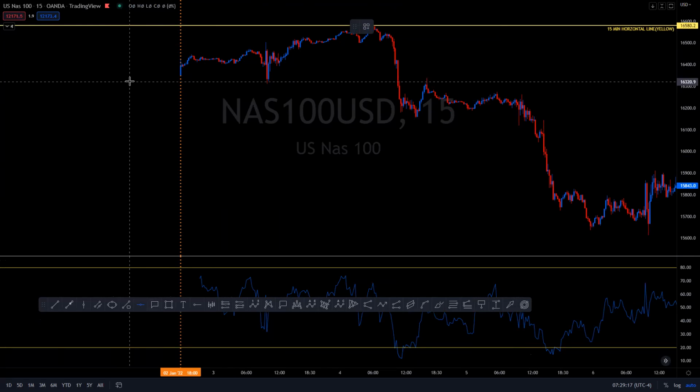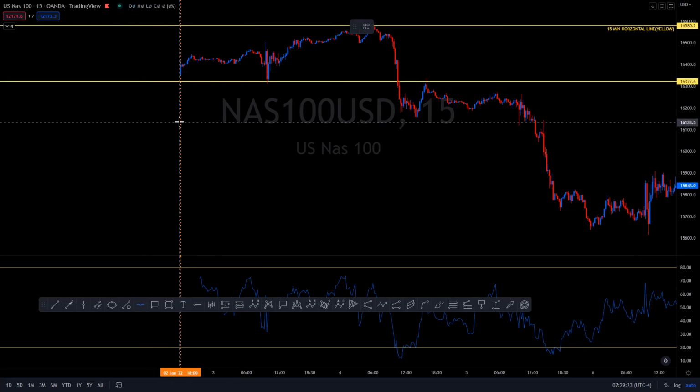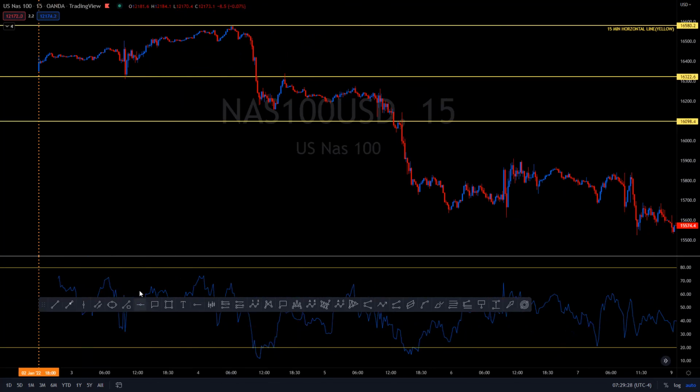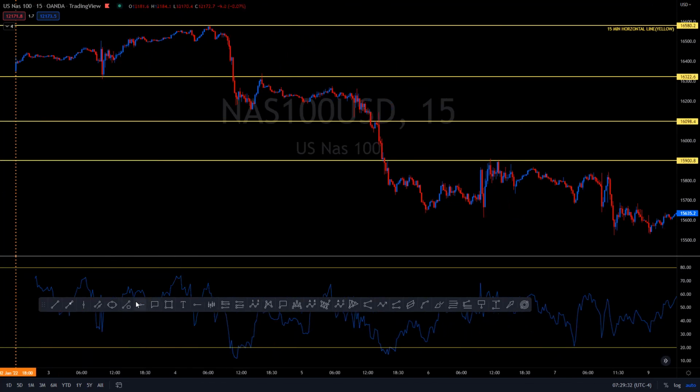And so these are the type of moves that you actually want to be consistently in, because you want to trade with the banks and not against them. So that's why I always mark up those areas to identify them.